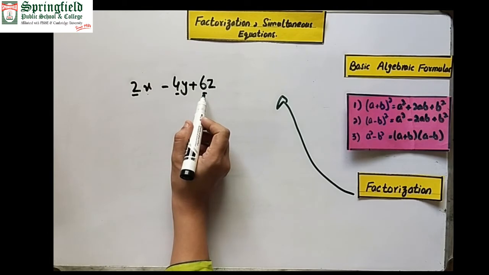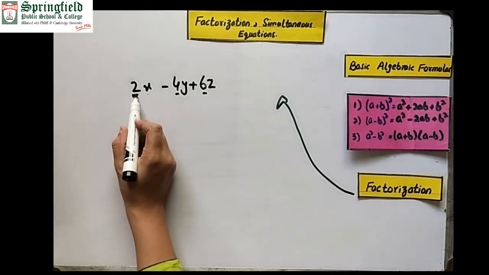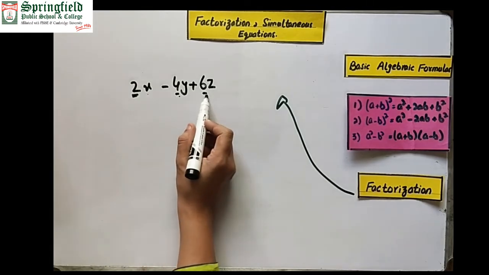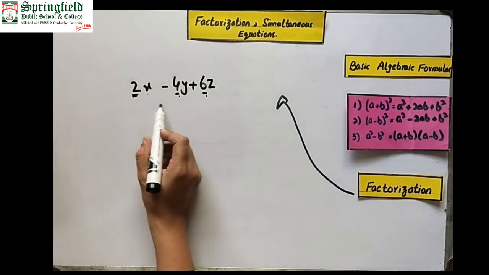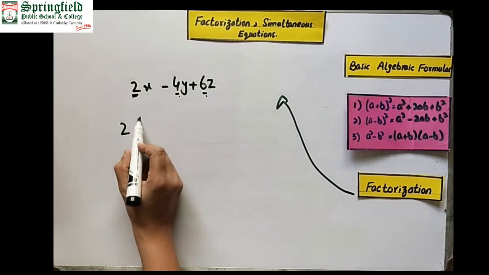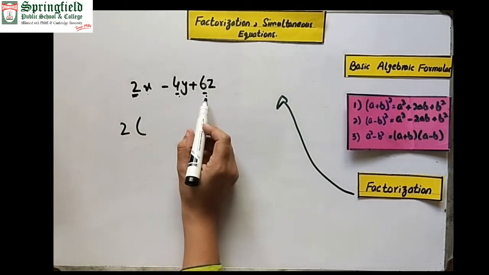There are 3 coefficients. So 2 is in the table of 2, 4 also and 6 also. It means we can take the 2 common from these 3 algebraic terms.